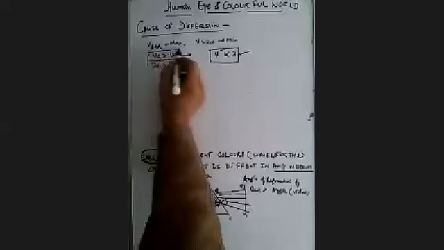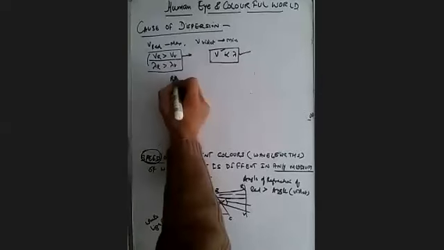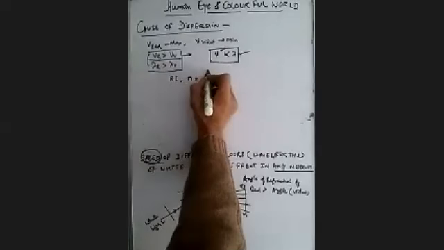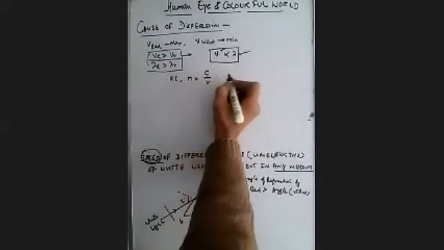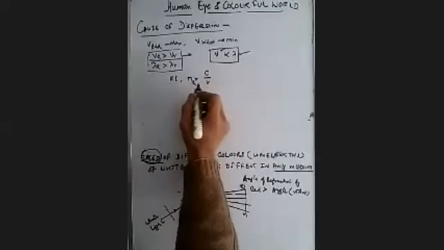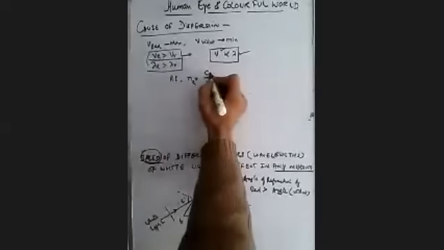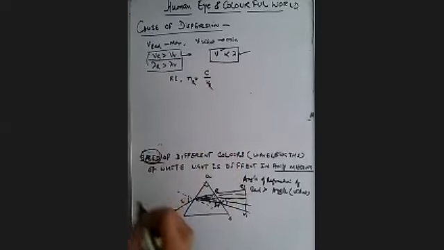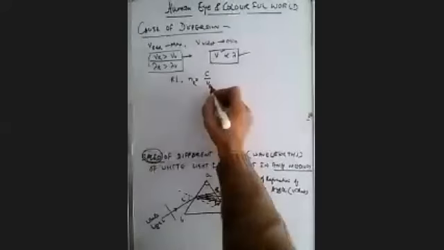And we know the refractive index depends on speed. n is equal to c divided by v. So the refractive index for red color will be given by the speed of light in vacuum divided by the speed of red color in the medium.